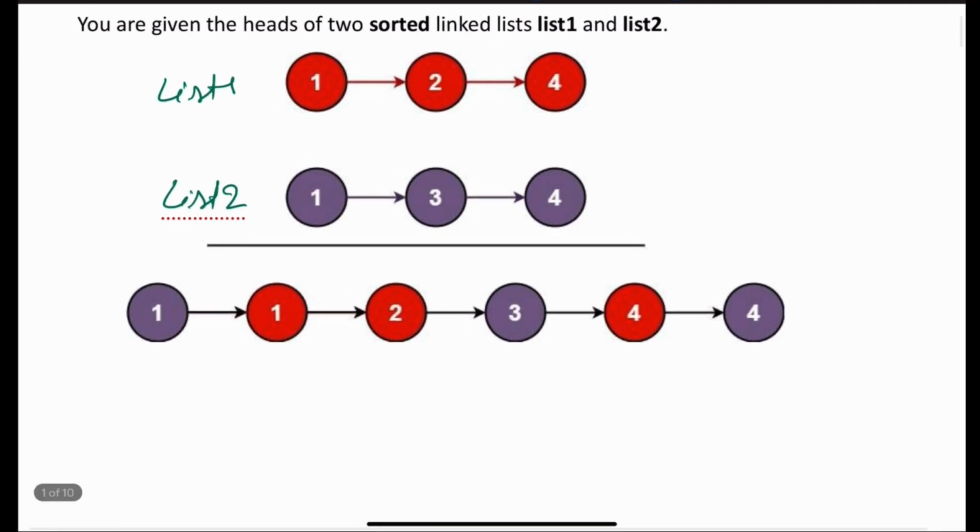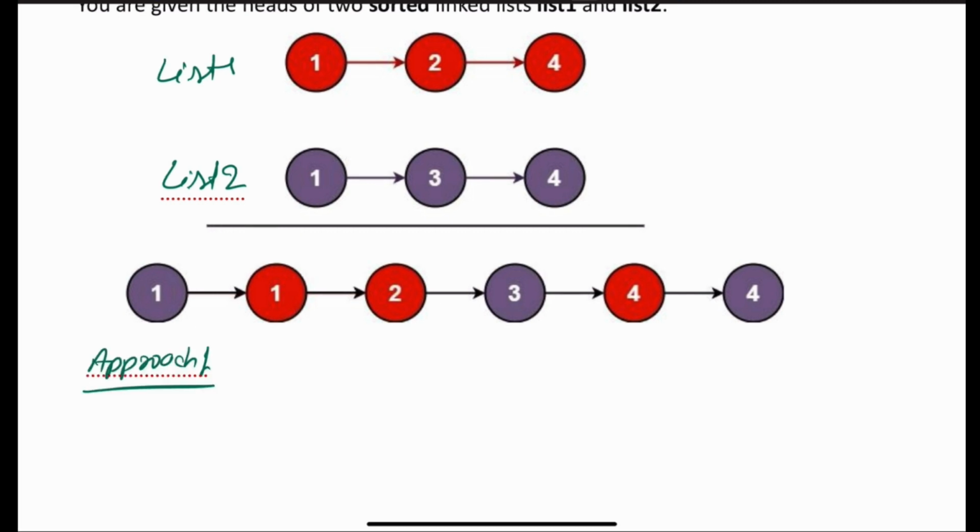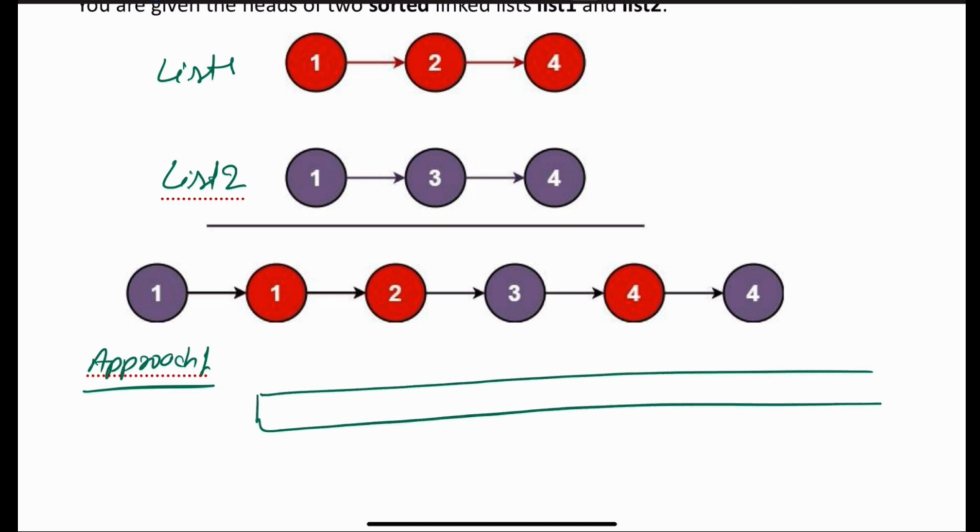So the brute force approach to solve this problem, I can say approach 1, is to create an array list. In this approach 1, what we will do is create an array list, and then we will copy all the elements from list 1 and list 2 into this array list.